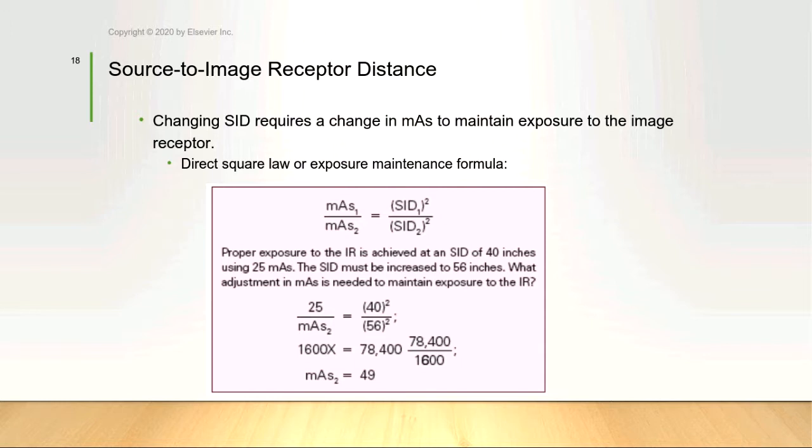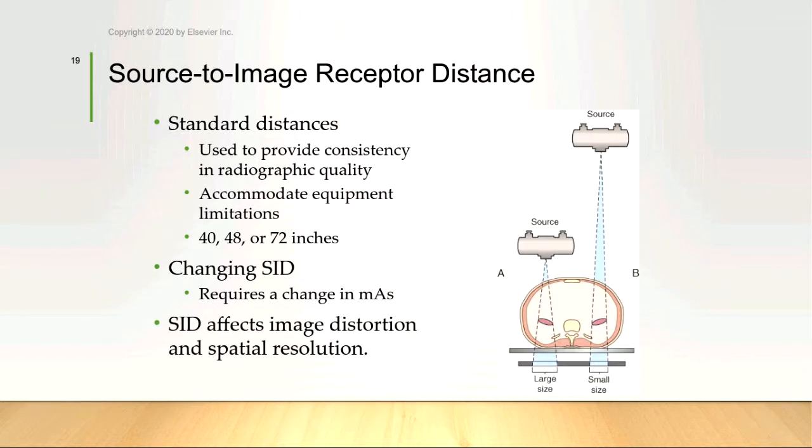Now, you're probably not going to have your calculator on you and figure this out. So there is a really good rule of thumb that I wanted to point out to you, and that is on page 139. And it kind of goes along with this next slide where they tell you that there are standard SIDs that we tend to use so that there's more consistency in radiographic quality.